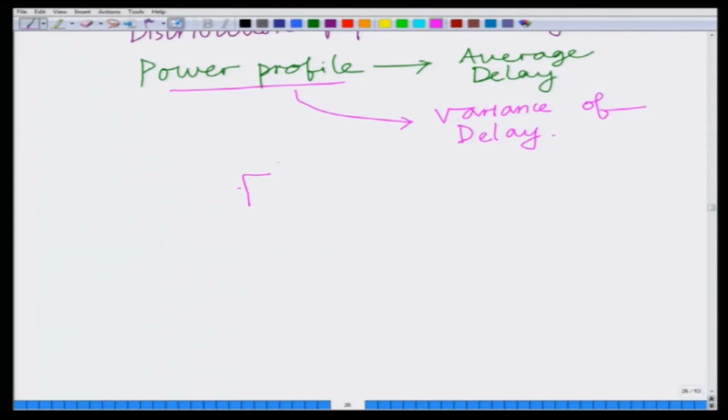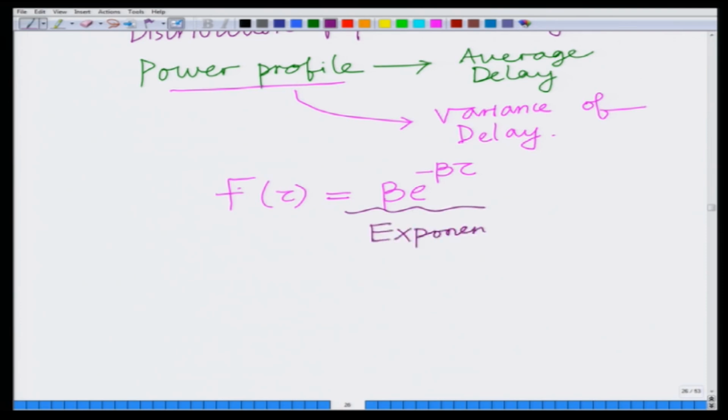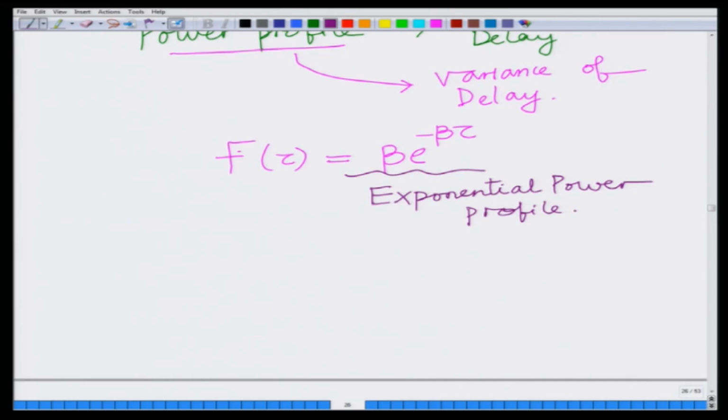Therefore, if we look at the typical power profile, f of t is equal to beta e to the power of minus beta t. This is my exponential power profile, where beta is a parameter, that is also what we had seen yesterday.